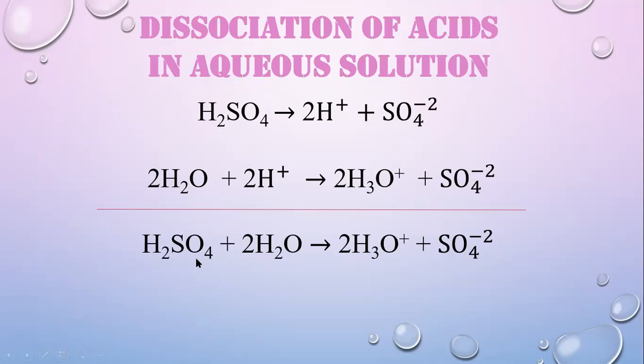So the overall reaction is sulfuric acid reacts with water molecule, forming hydronium ion and sulfate ion. As sulfuric acid generates 2 hydrogen ions, so you will get 2 hydronium ions when one molecule of sulfuric acid dissociates in aqueous solution.